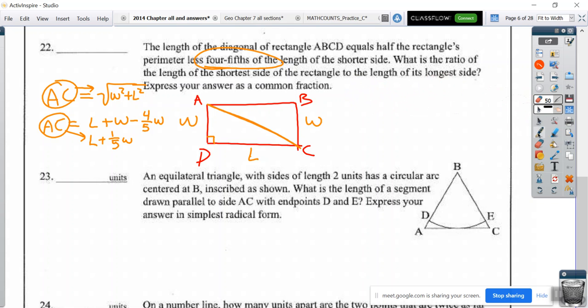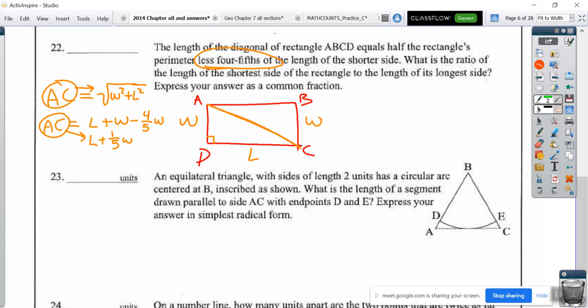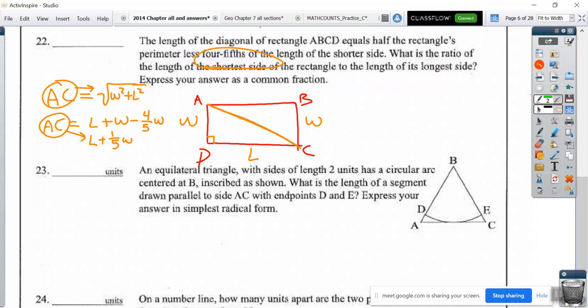All right, yeah, so let's write that out. This is just some algebra. So what do we do next, Tate?